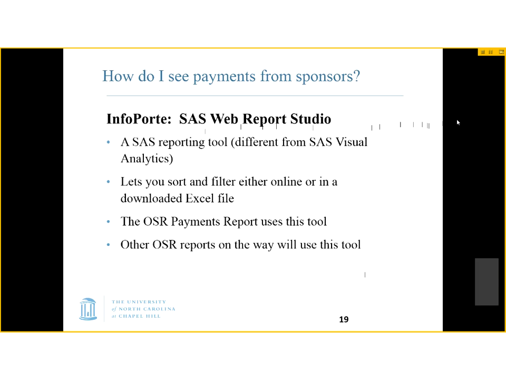It's also different from the Department Accounting tab way of searching. So SAS Web Report Studio is just something a little bit new. You just have to get used to how the navigation works. But that's what this OSR Payments Report uses.